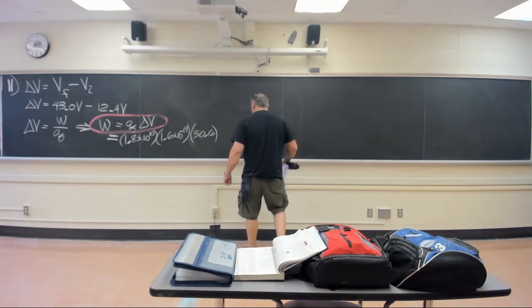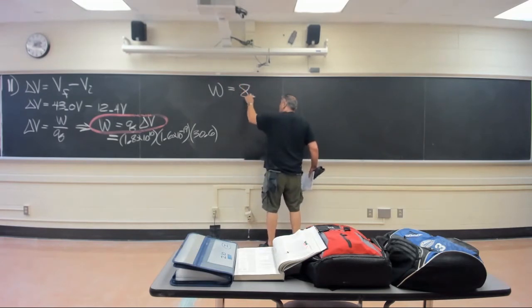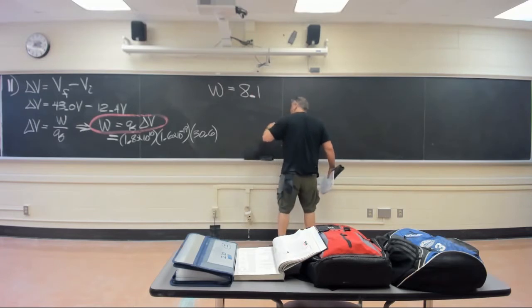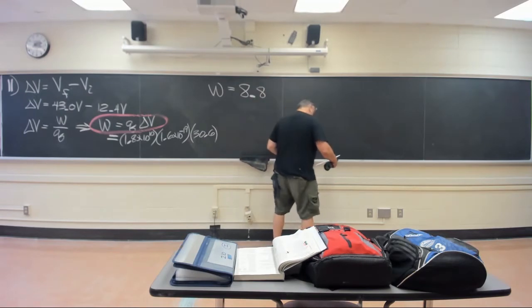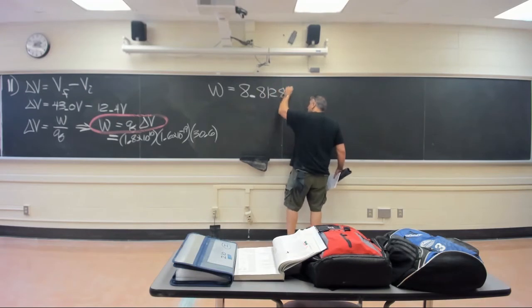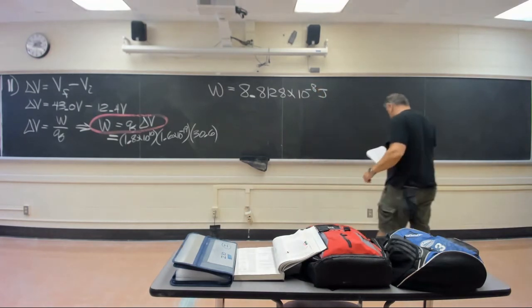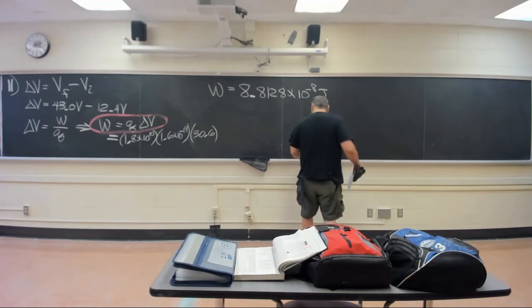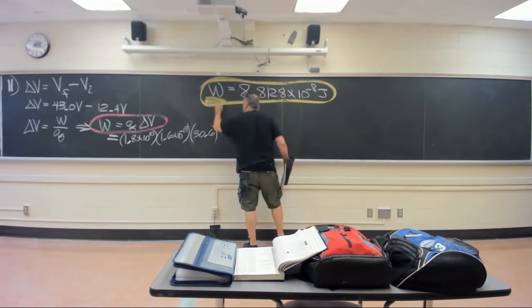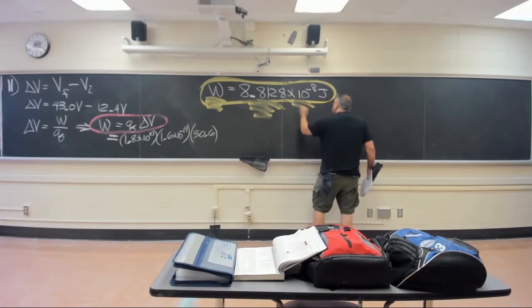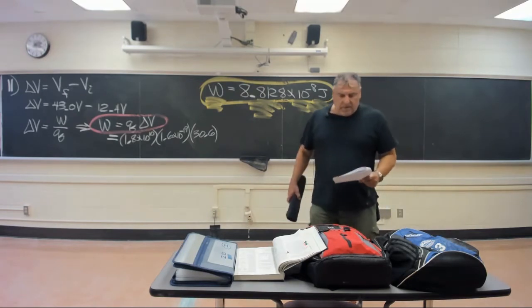The work that's got to get done is 8.8128 times 10 to the negative 8 joules to get the job done. And there it is. That was 11.